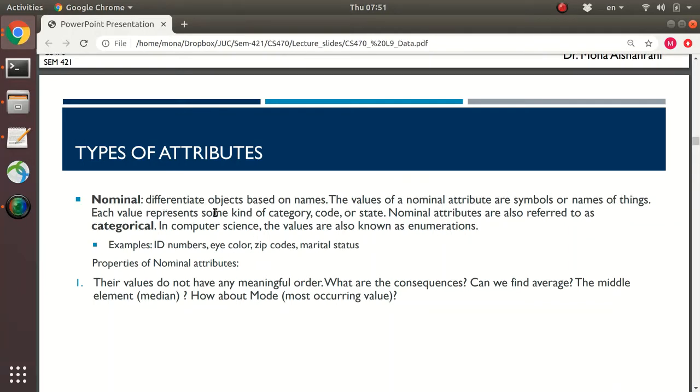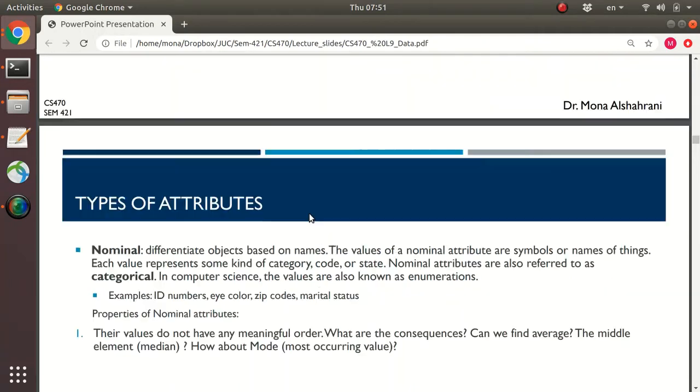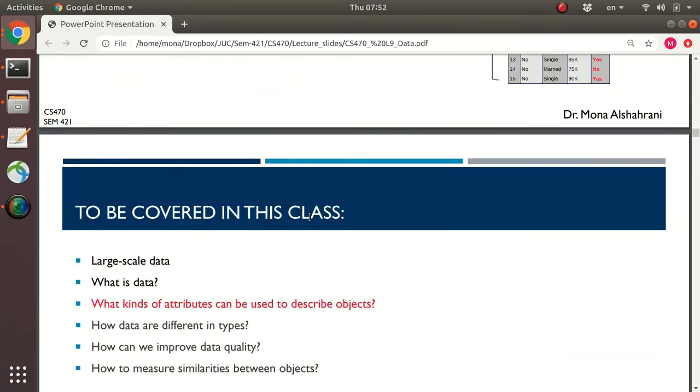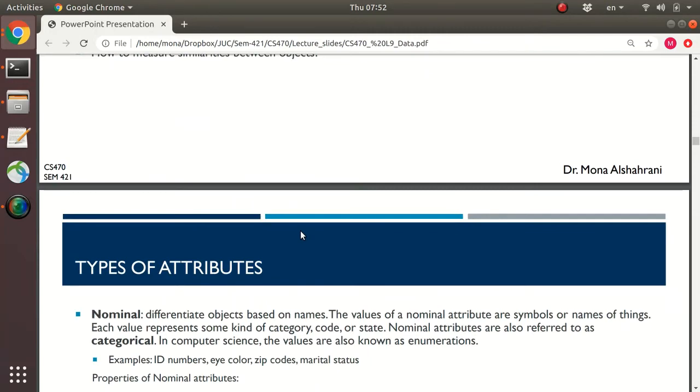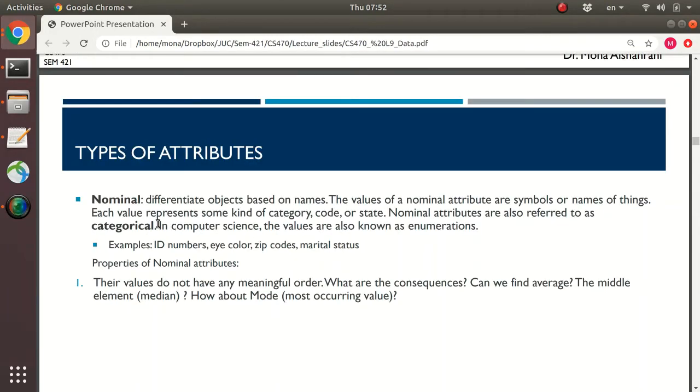Each value represents some kind of category, code, or state. Nominal attributes are also referred to as categorical. So in our previous example here, the marital status is a categorical attribute. In computer science, we sometimes refer to these as enumeration.